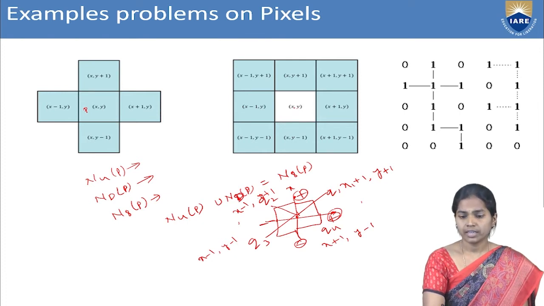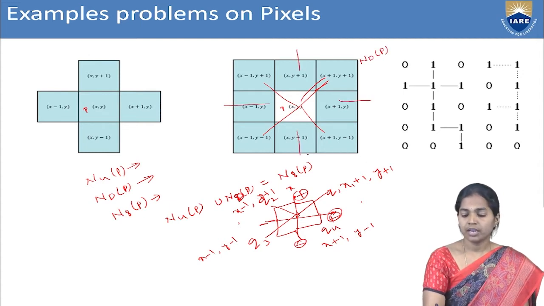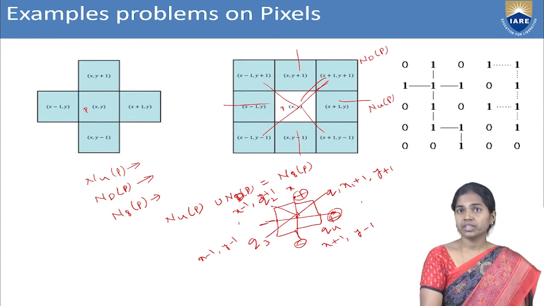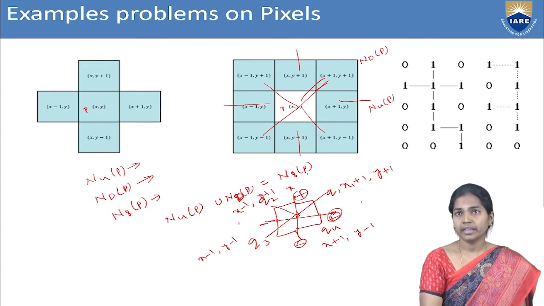So around p of x comma y, we have x plus 1 comma y plus 1, x minus 1 comma y plus 1, x minus 1 comma y minus 1, and x plus 1 comma y minus 1. These four are in diagonal form, representing nd of p, and the other four are the n4 of p neighboring pixels. Joining these two, n4 of p union with nd of p is nothing but n8 of p.